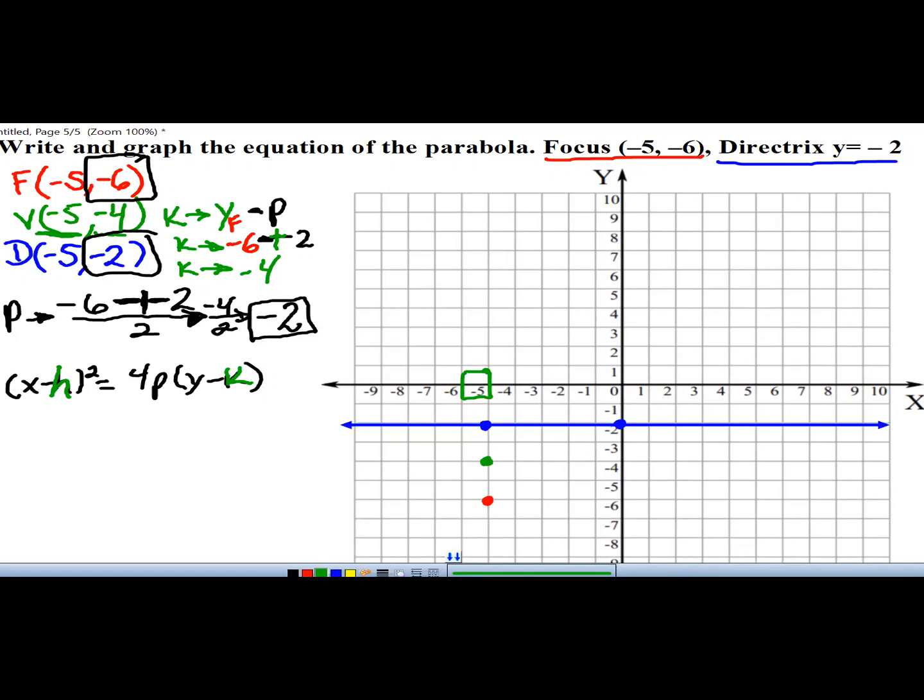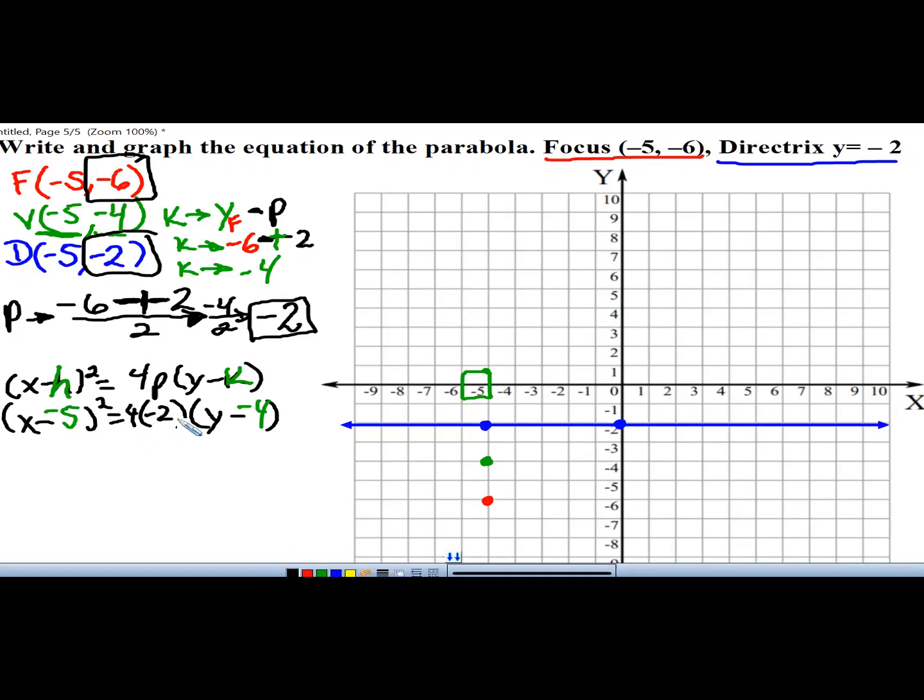So now that we have those values, let's substitute our values into our equation. (x minus empty space) squared equals 4, parentheses for P, parentheses (y minus empty space). Okay. So what is H? -5. What is K? -4. And what is P? -2.